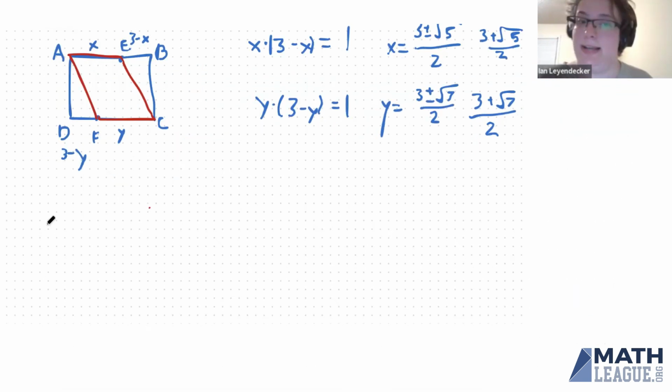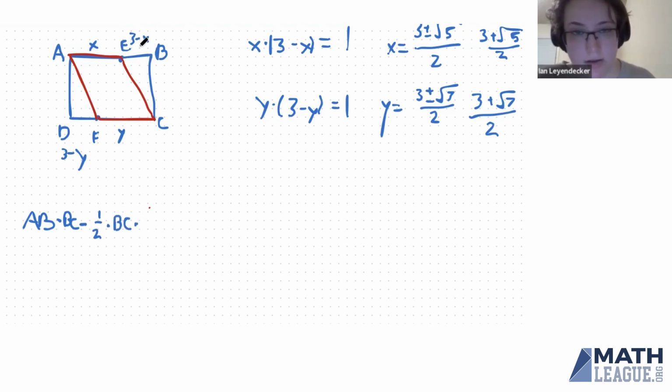However, if we write this out as functions of A, B, C, D, and X and Y, then what we get is AB times BC, which is the area of our rectangle, minus 1/2 times BC times 3 minus X, which is the area of this triangle, minus 1/2 times AD, which is BC, times 3 minus Y, which is the area of this triangle.